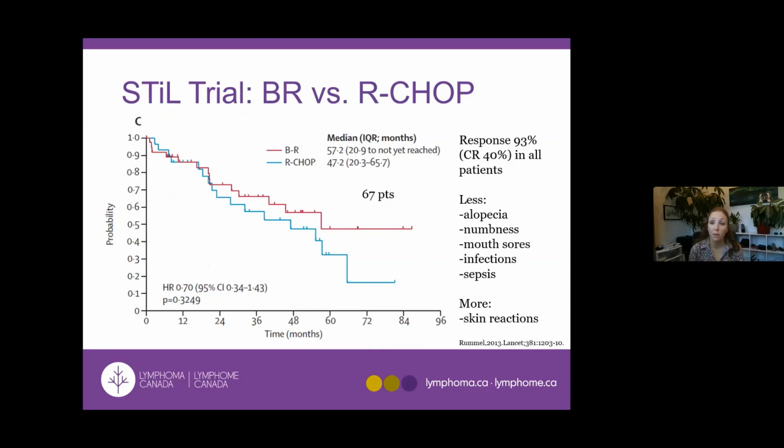So originally we were using what's called R-CHOP and R-CVP, but then there was interest in this drug called bendamustine. So there were actually two very big studies. One was done in Europe and one was done in the Americas and Australia, comparing bendamustine and rituximab to this classic R-CHOP.